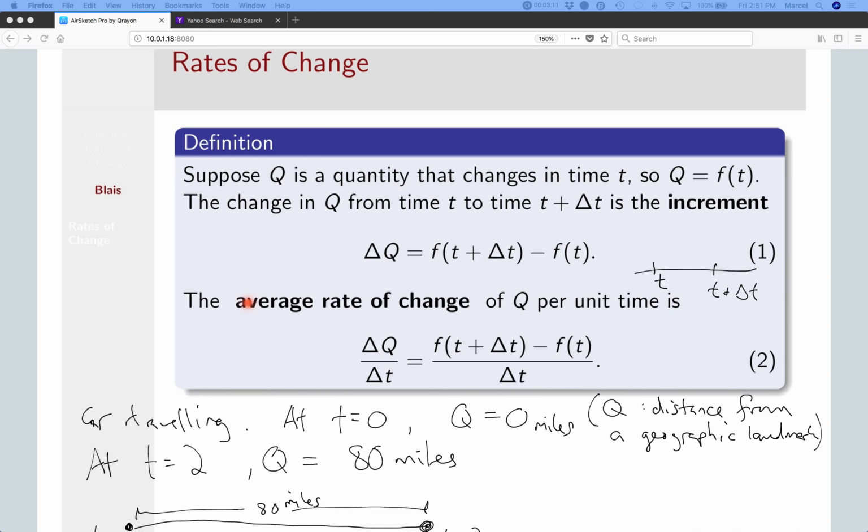The average rate of change, which would be the average rate of change of position of the car with respect to time, if we did this calculation, so delta Q over delta t for t in, say, this 0 to 2 interval would be f of t is 0 and delta t is 2 hours.